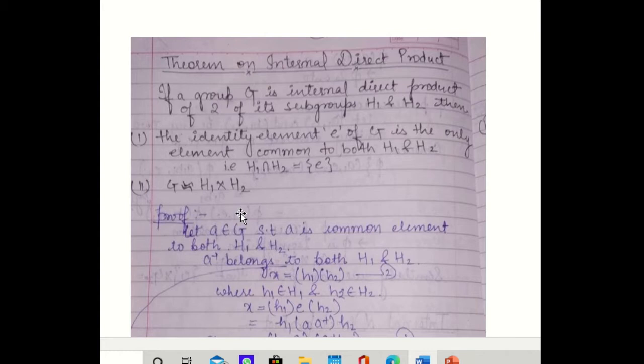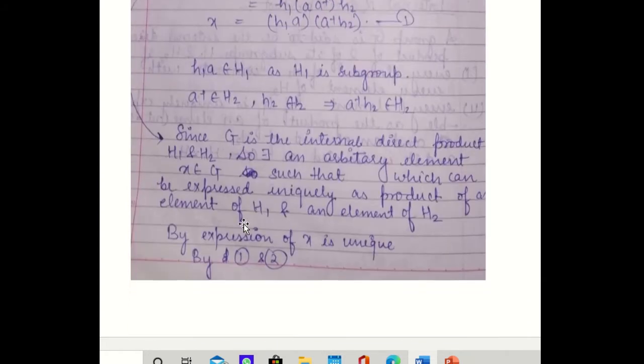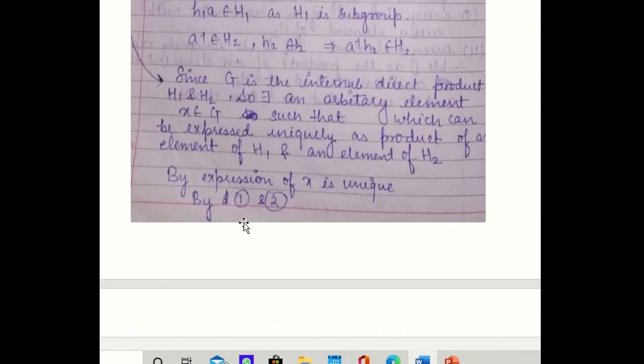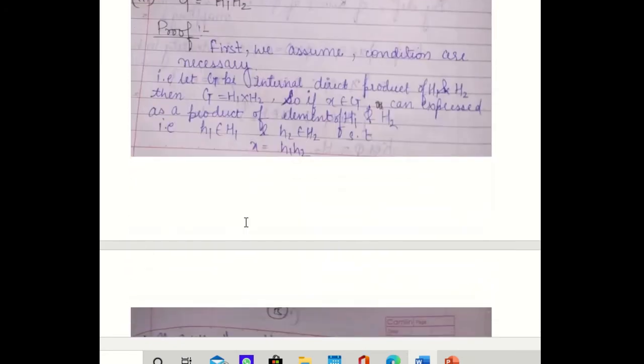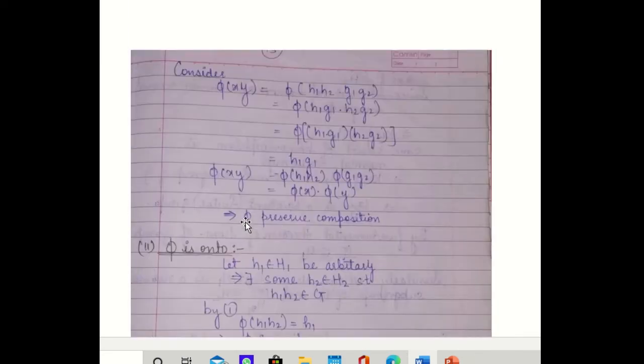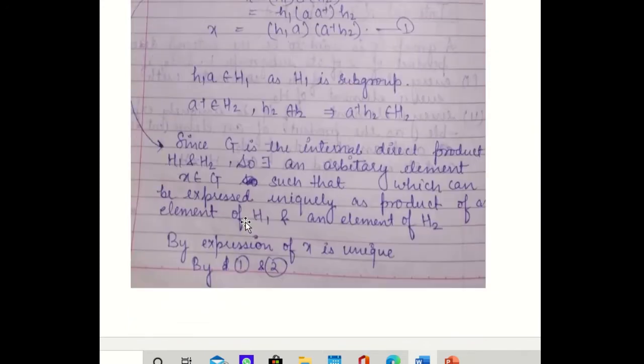The properties of the internal direct product, which we will discuss and prove in the later theorem, are that the only common element in H1 and H2 is the identity element E, that G is isomorphic to the direct product of H1 and H2, and that G is equal to H1 into H2.